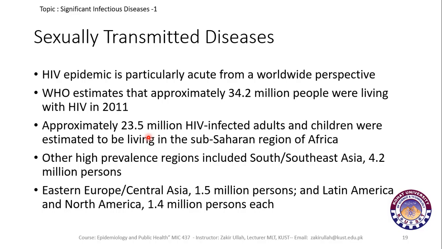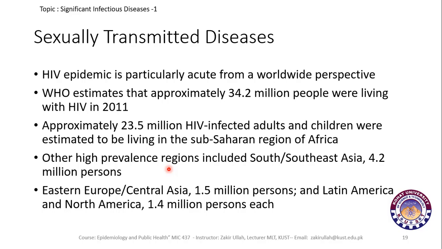So in countries with a high burden and poor socio-economic status, the ratio of HIV is high. Other high prevalence regions include South Asia and Southeast Asia, in which the infected persons were 4.2 million.